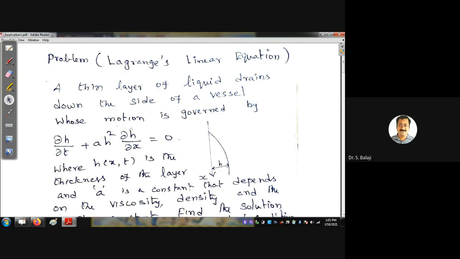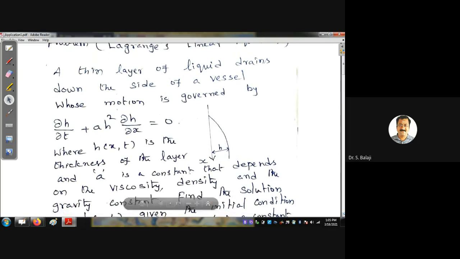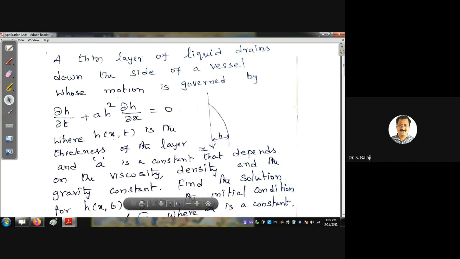Your work is to identify what h is. The motion is given by this equation, where h of x comma t is the thickness of the layer, and a is a constant that depends on the viscosity, density, and the gravity.